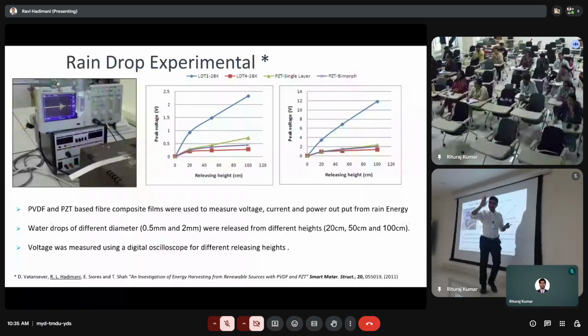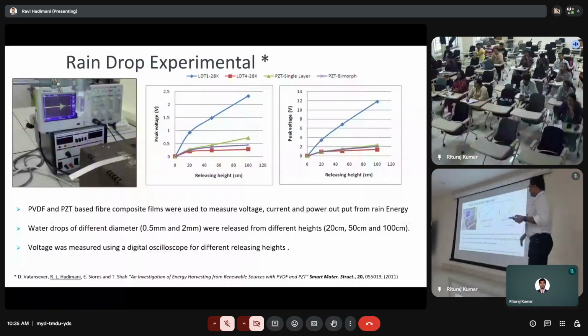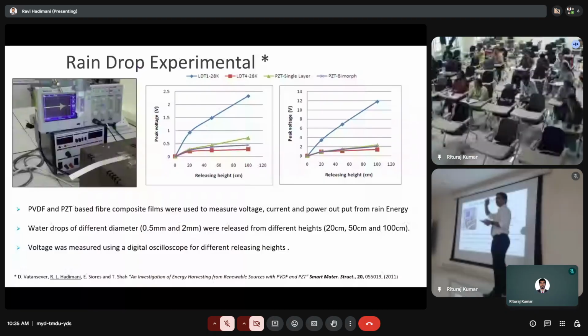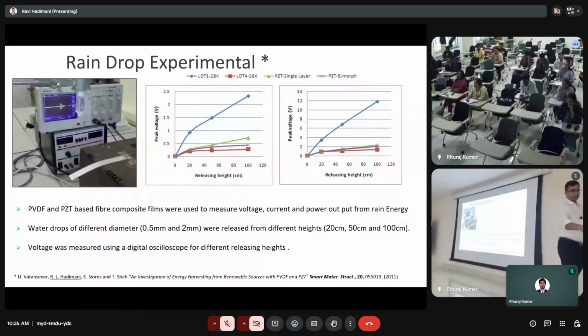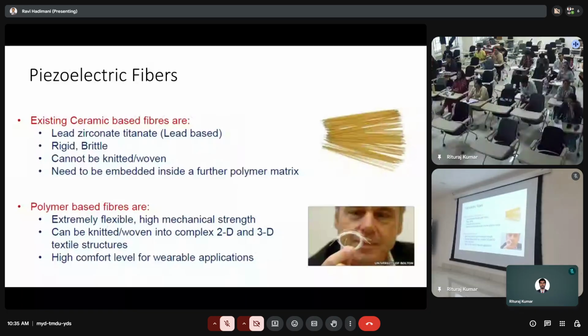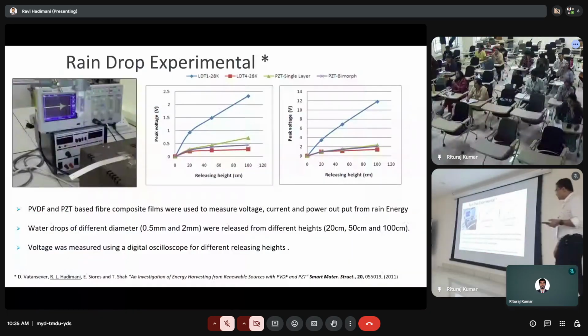When water drops, the PVDF film oscillates, and that generates electricity. We varied whether the droplet is thicker or thinner, did all this quantification, and then published that in Smart Materials and Structures.